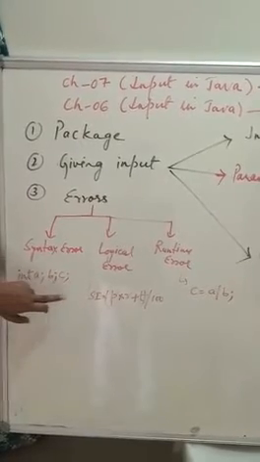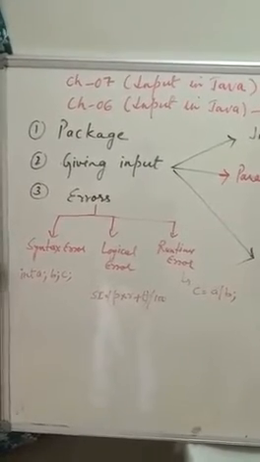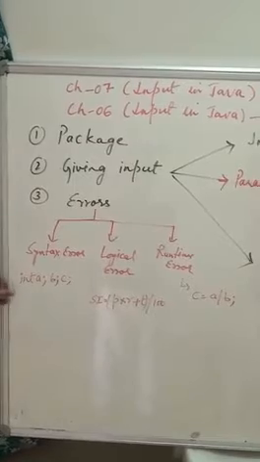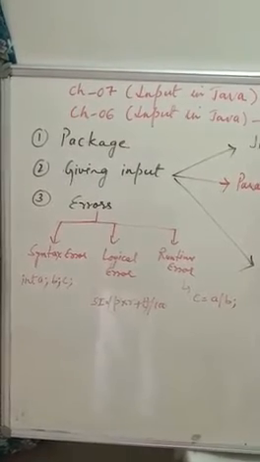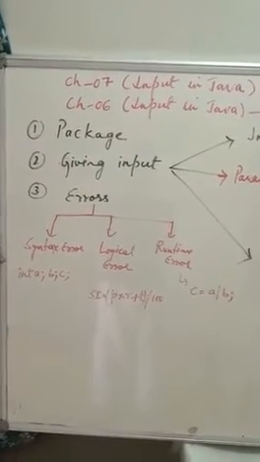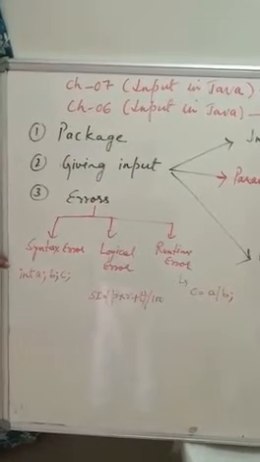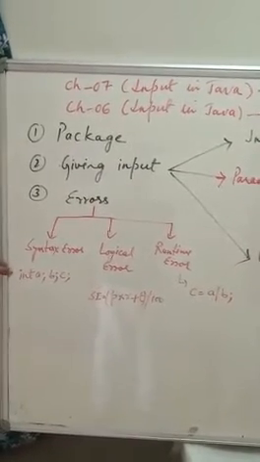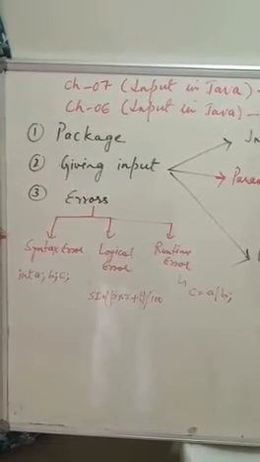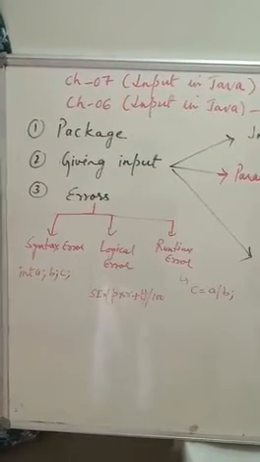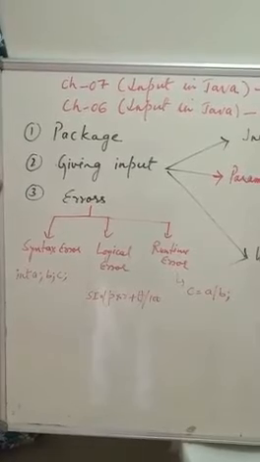We all know that this is not the way of declaring variables. The correct way is int a, b, c; with a semicolon at the end. So there is a mistake in the grammar of this statement. This type of error is known as a syntax error, and syntax errors are detected by the compiler itself.